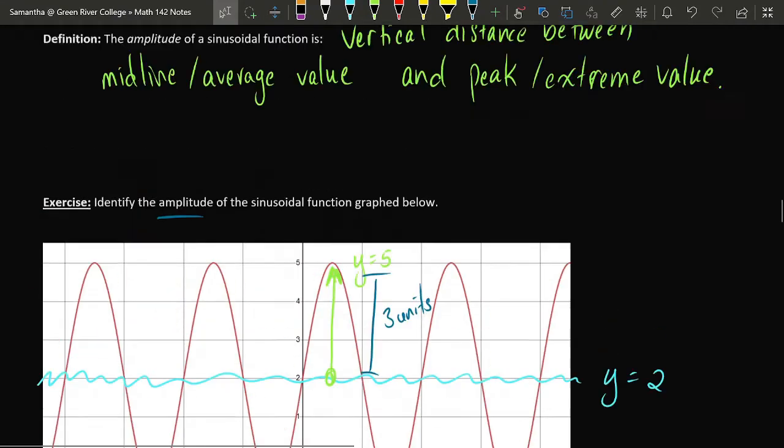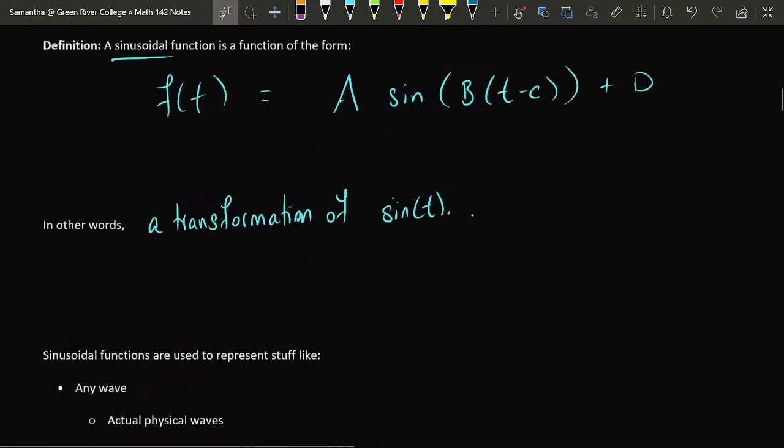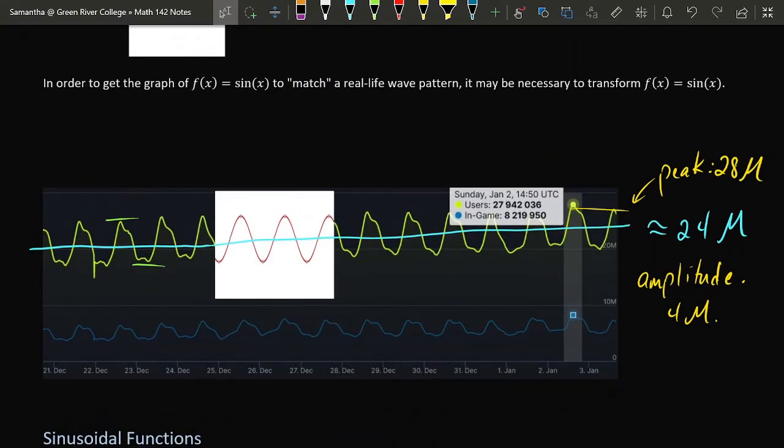So scrolling back up to that real-world example, the period of the wave displayed in this chart would be the amount of time between one peak and another peak, where the pattern that we're seeing has completely run its course and is now repeating. So based on this scale, it looks like the period would be around 1 day. Every day, the general pattern that we're seeing in the number of Steam users repeats itself.